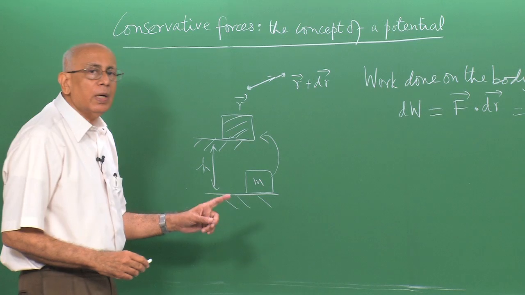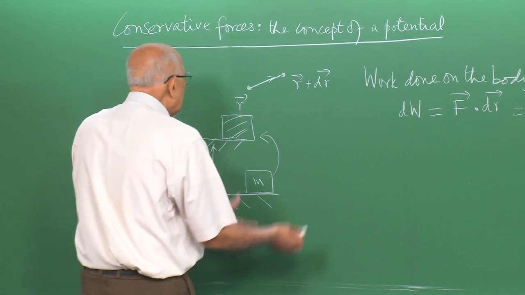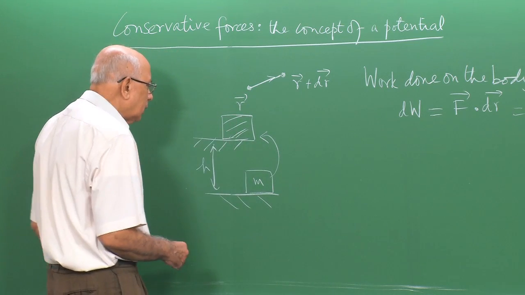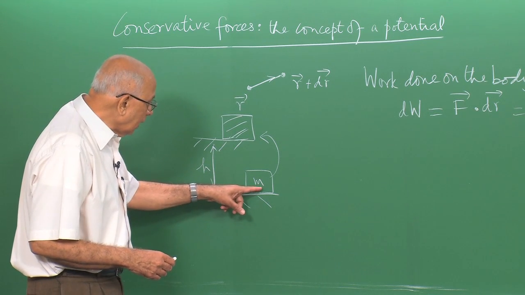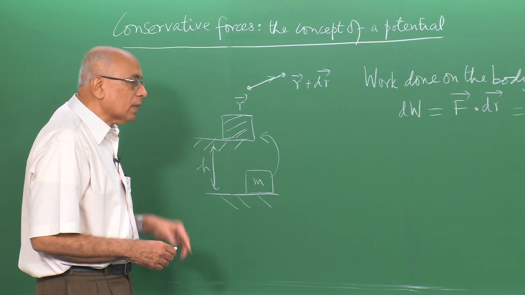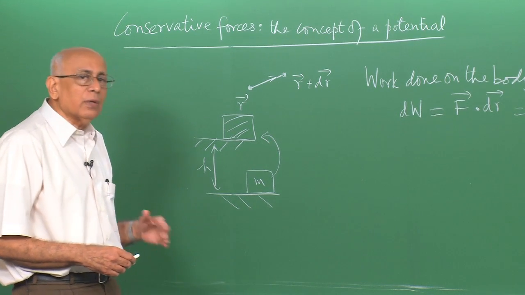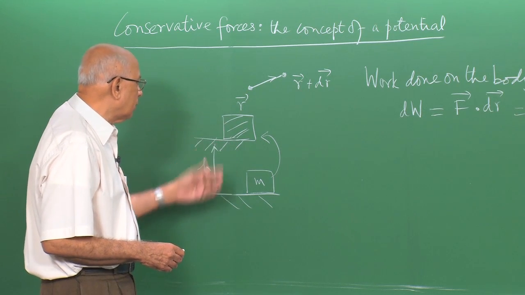I have done work against the gravitational field of the earth in lifting this mass up and putting it at a certain height h, and if I started at rest here and it's at rest at this point, then it's clear that the stored energy of this particle has increased by a certain fixed amount.